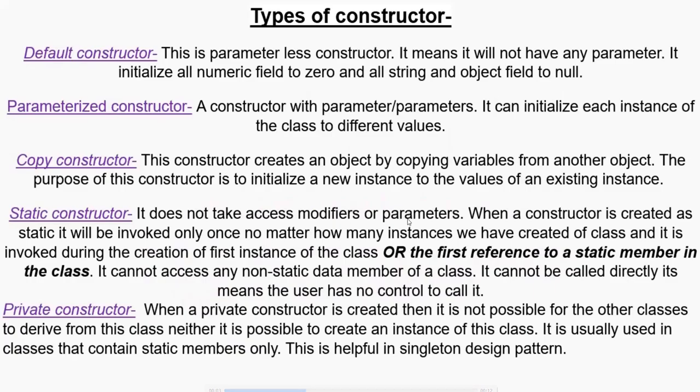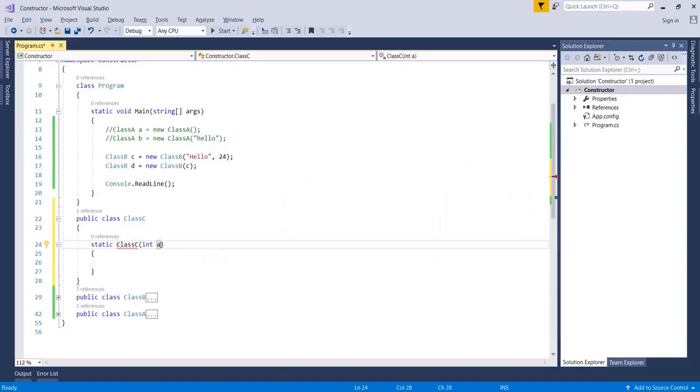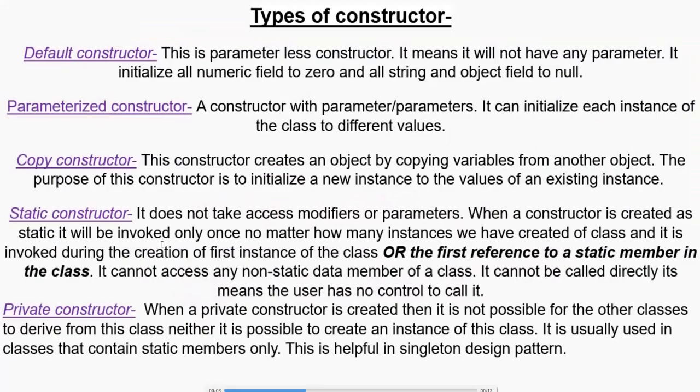It does not have any parameters either, so remove this one also. If you do not remove it, you can see it gives a compile time error: a static constructor must be parameterless. So remove this parameter also. Fine, now the error has gone. So it does not take any access modifier and does not take any parameters.